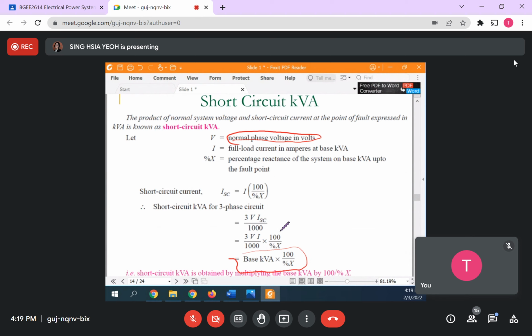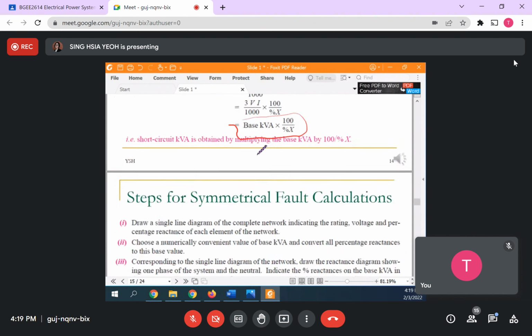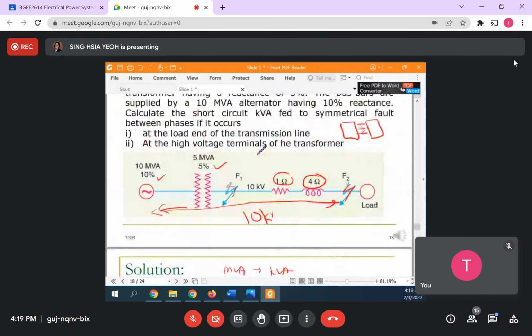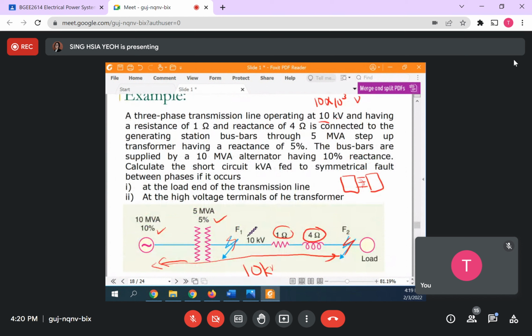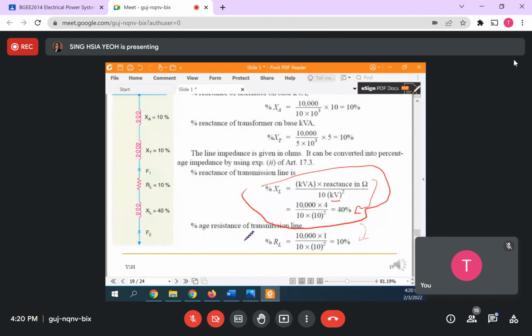My point of view is that I don't really care about phase or line voltage, because when we talk about a 10 kV line, it means the whole line is 10 kV. It doesn't matter if it is phase or line voltage; I use that 10 kV to do the calculation. Since you raised this question that nobody raised before, I will try my best to look into it, and if I have any conclusion, I will let you know.